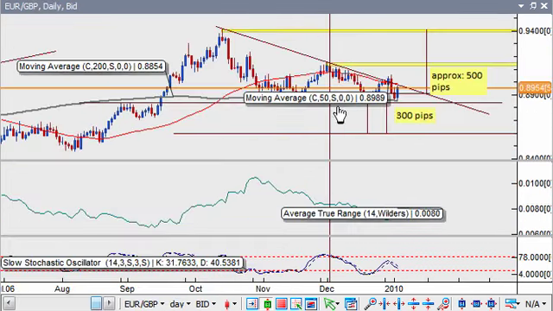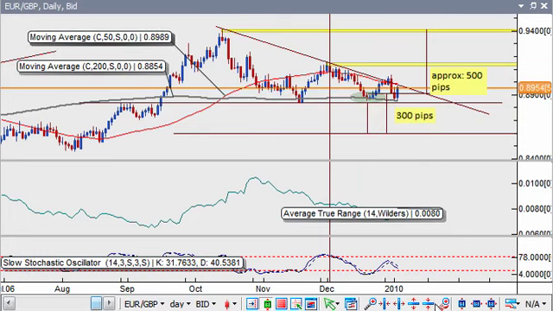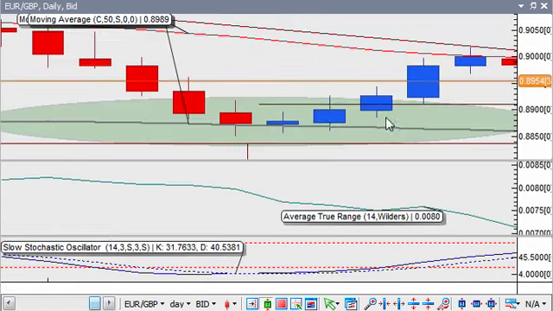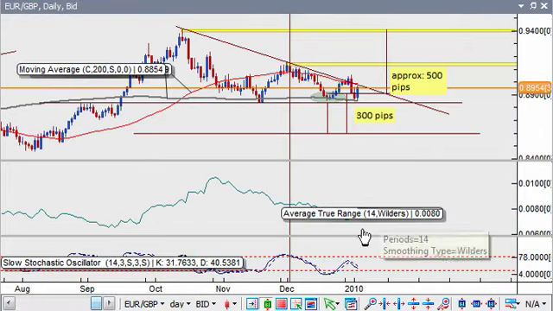Here we have the Euro Pound pair, where last week we saw a reversal signal here at this power line, and that would have given us a trigger at around the 0.8910 area. So according to that, and according to the ATR, we would have had about a 300 pip to 500 pip, or 5 to 3 reward to risk ratio in the daily time frame to test this 0.94 area.